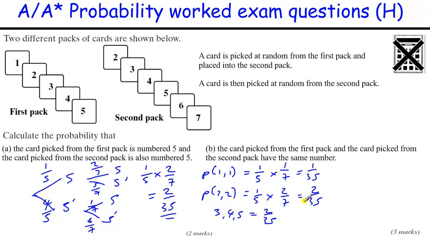So these are the only possibilities. So I've got 1 and 1, and 4 lots of 2/35. 4 times 2/35 is 8/35, plus the 1/35 makes 9/35. Okay, it takes a bit of time to think of how to do that, but that is the best way I can think of it.